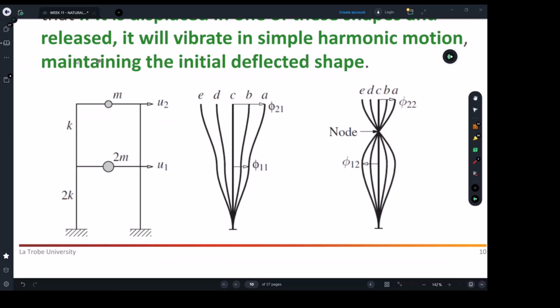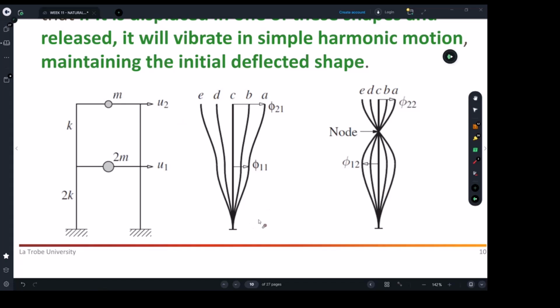What is the most severe shape for it to vibrate at? Or in other words, which shape is more likely to happen? The leftmost shape. The left one, that's right. So this is the most likely to happen mode shape, and that's why it is the first mode shape.